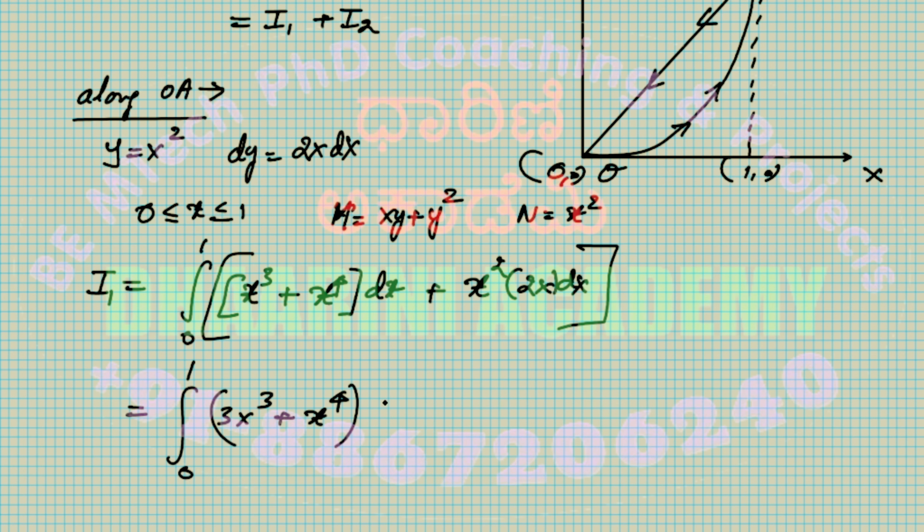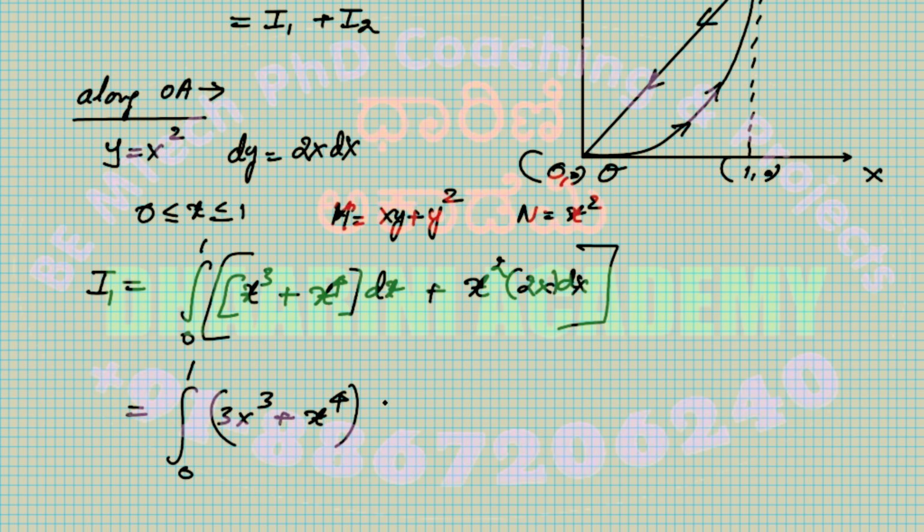Decimal value in calculator. In calculator, you have some mode, I guess. I'm not very sure. There is a mode to be changed. So when we solve this, we are going to get minus 1 by 20.